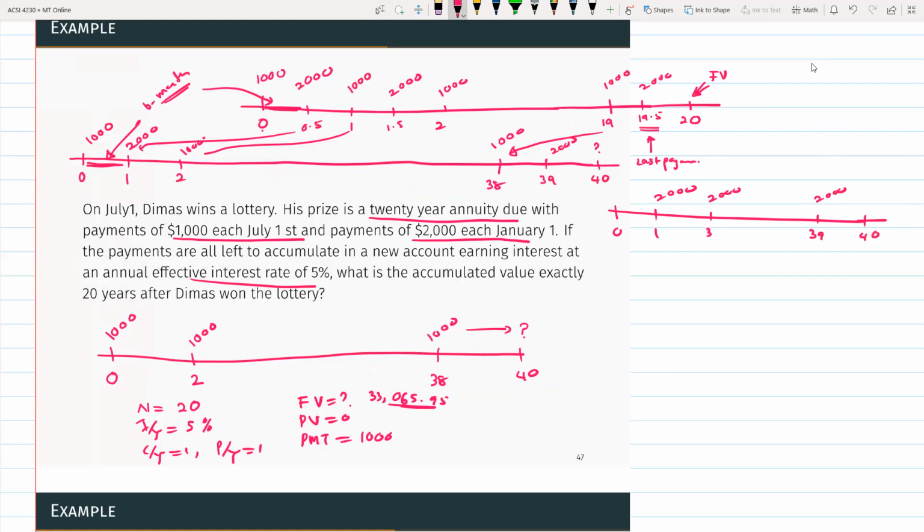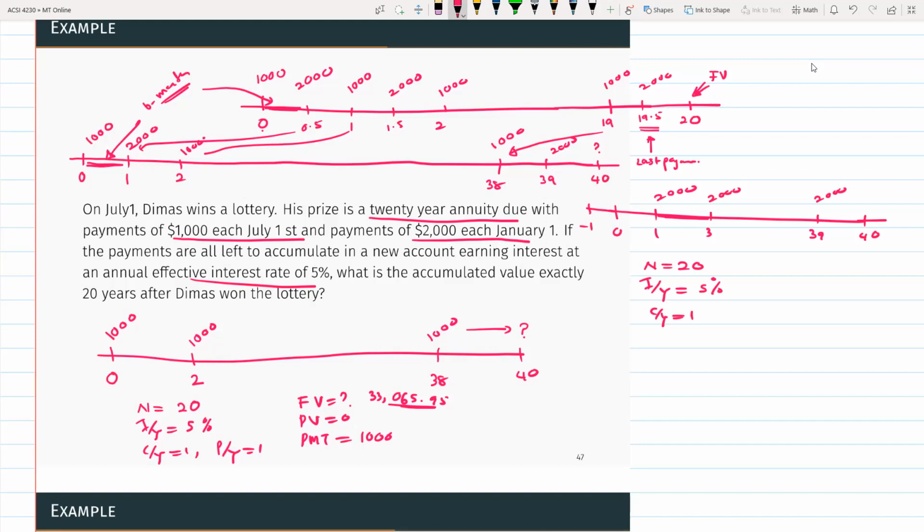So how many payments are there? What I can do is write here -1. Right away you can see 39 minus -1 is 40, and the difference in every step is 2, so it becomes 20. Anyway, there are 20 payments. You can check it. And the rate again is the same as the previous one, 5%.